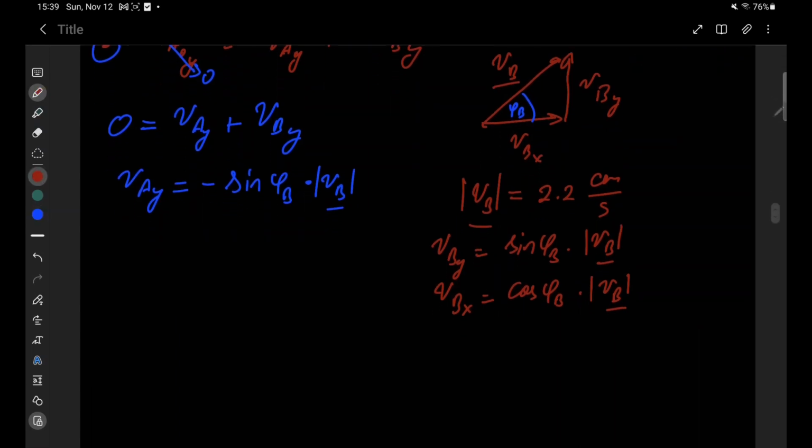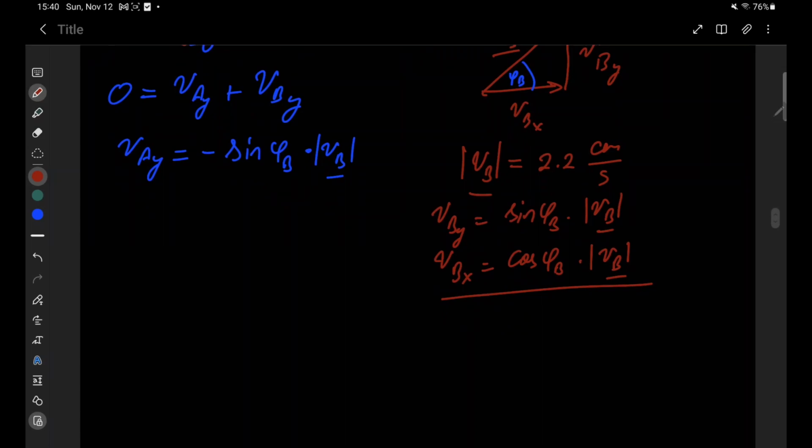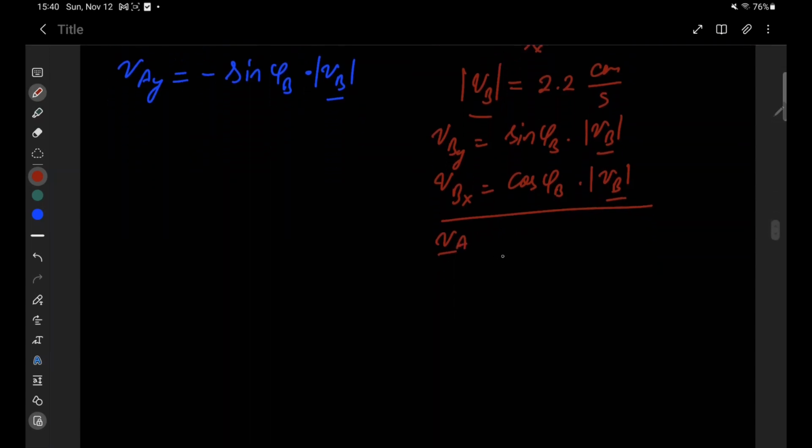And now, since we are asked about the value VA, let's also write that down. Well, this here is going to be VA, remember negative. This will be the VA vector.